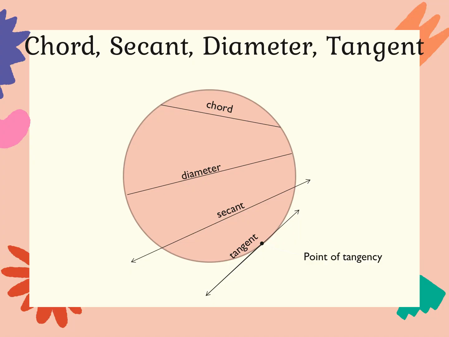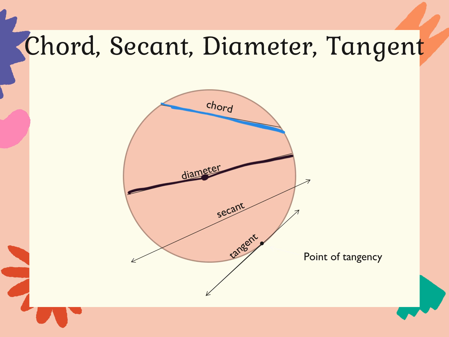So here is just a picture with everything that I just described in it. We've got our chord, which goes from edge to edge. We've got our diameter, which needs to go through the center point. Still a chord, but what makes it special is it has to go through the center.